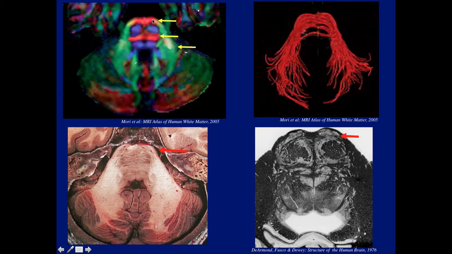Remember here, the fibers are traveling quite anteriorly as well as centrally, as you can see on this tractography. So what we're seeing is involvement of these pontine fibers, which in this case are at the surface of the pons. So it'll be right over here or right over there on the specimen.